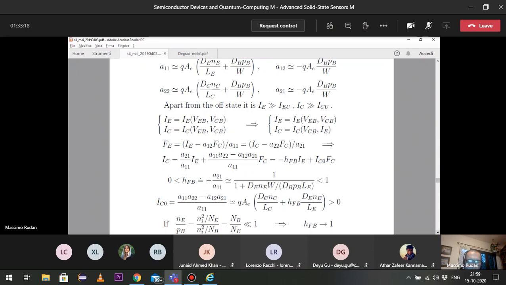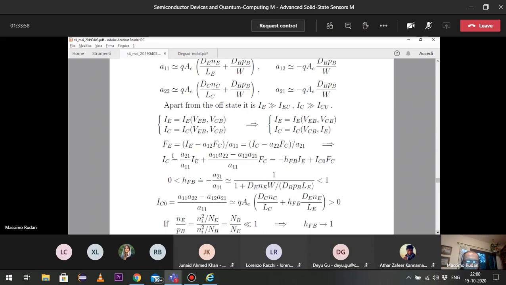In that case, FE is equal to IC minus A22 FC, again over A21. And these two quantities must be equal. So by putting them equal to each other, we eliminate FE, and then we extract IC. So this formula here, that is rather long, is actually IC expressed in terms of VCB, VCB is inside this FC, and IE.